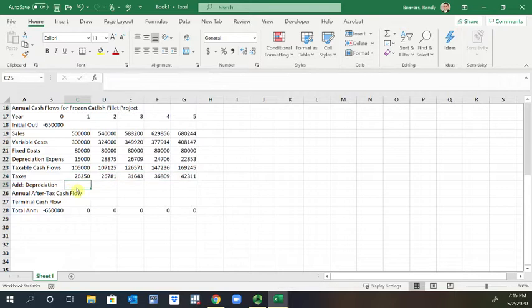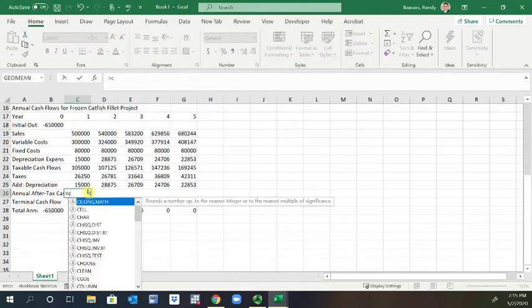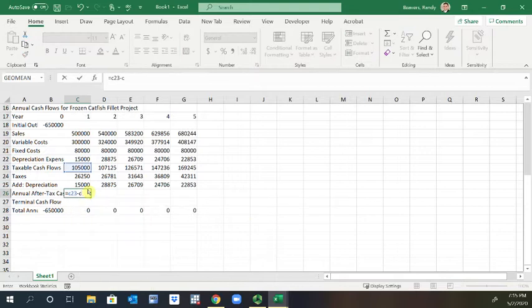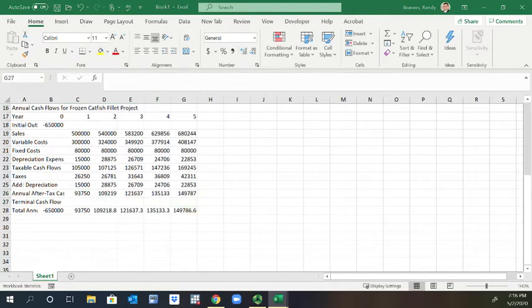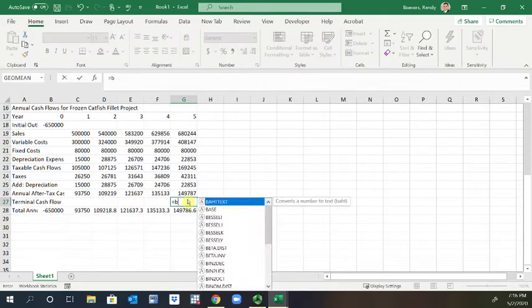We will add back depreciation. So that's our depreciation expense we calculated above. So then our annual after-tax cash flow is equal to C23 minus C24 plus C25. And then last, we have our terminal cash flow. That will equal the following formula.